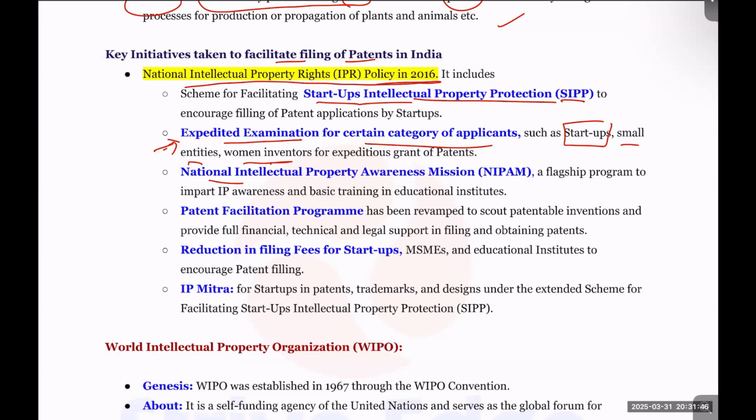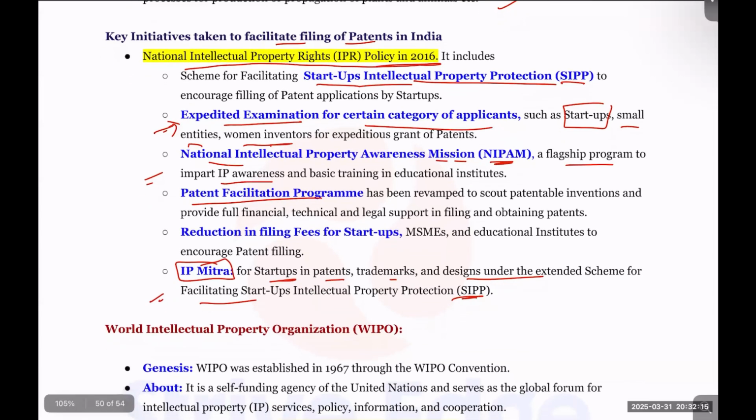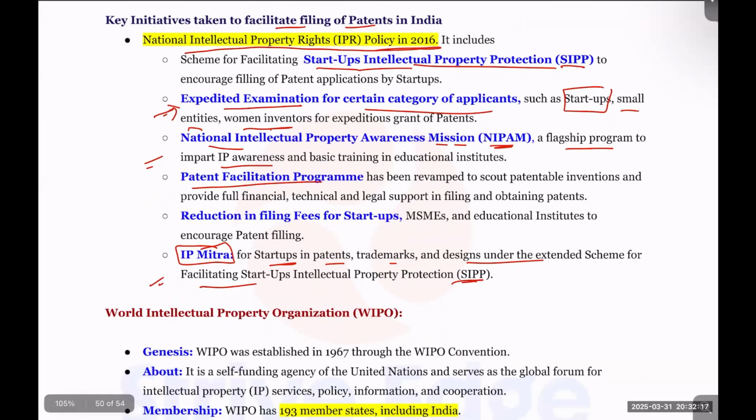The National Intellectual Property Awareness Mission, NIPAM, is a flagship program to impart IP awareness in order to make people aware. A patent facilitating program has been launched, and IP Mitra etc. has been launched for startups in patents, trademarks, and designs under the extended scheme for facilitation of Startup Intellectual Property Protection, SIPP. So these are some of the initiatives that have been taken for increasing the knowledge base of patents in the country.